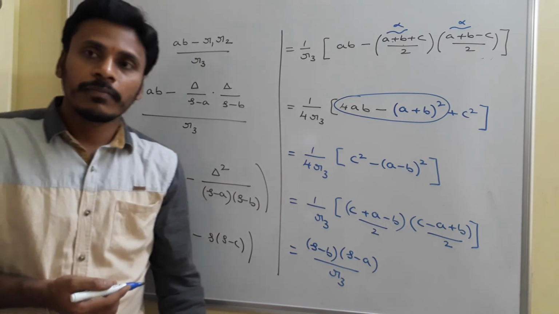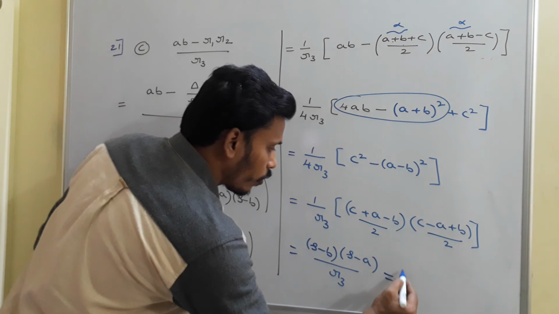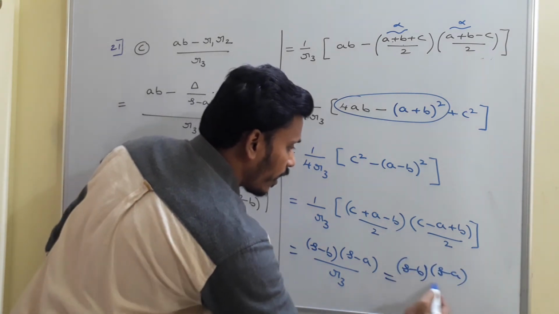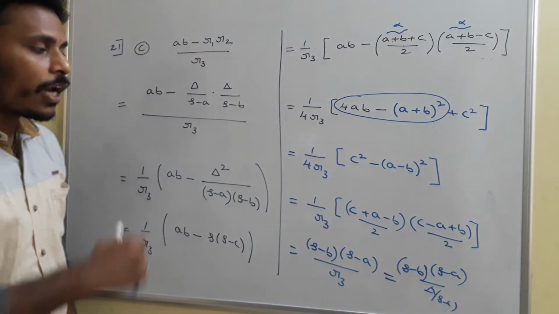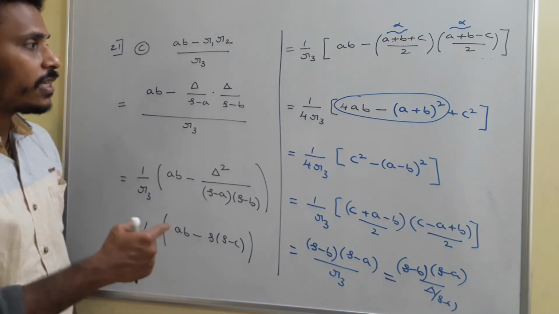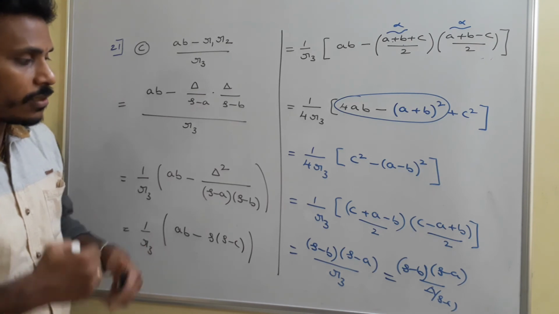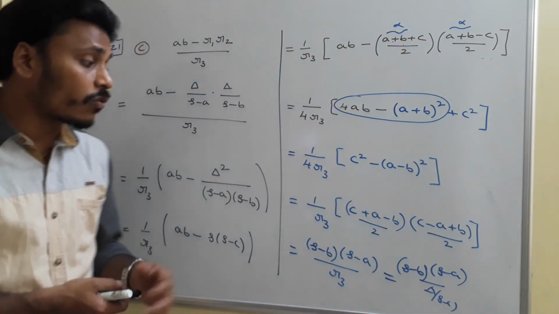R3 is delta by S minus C. So this is equal to S minus B into S minus A divided by delta by S minus C, and you need to simplify. On simplification you will get the idea. Just have a look once again. Delta by S minus C. In the numerator S minus B, S minus C is nothing but delta square by S.